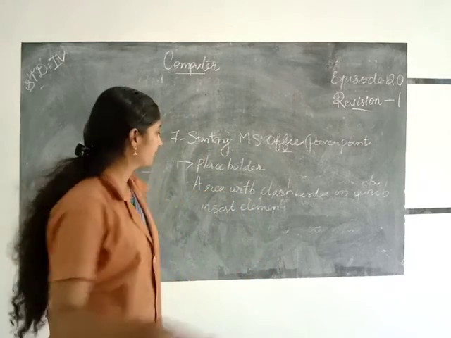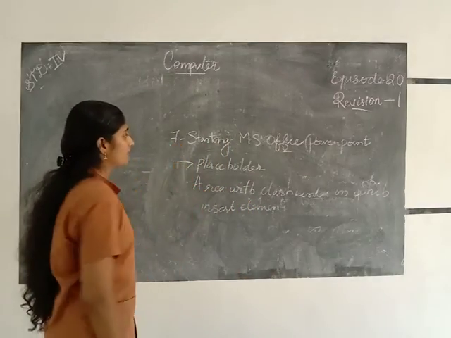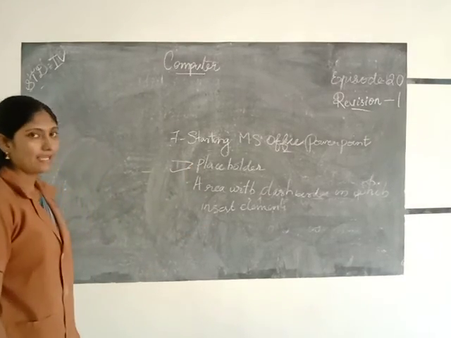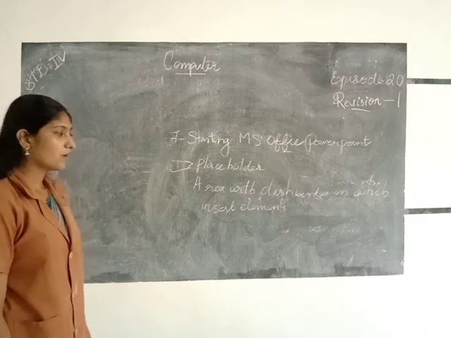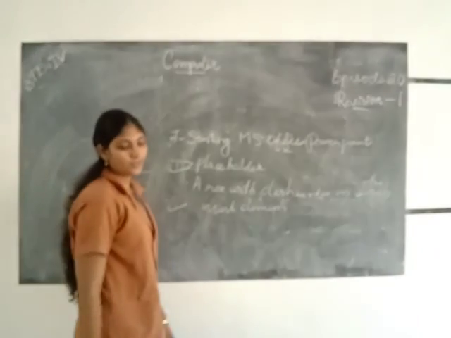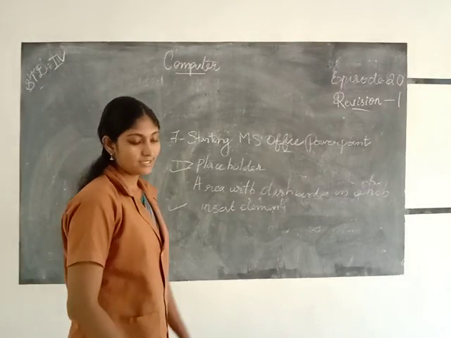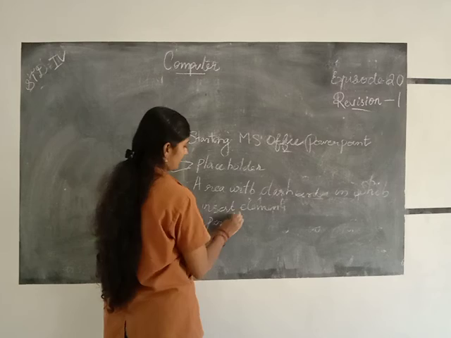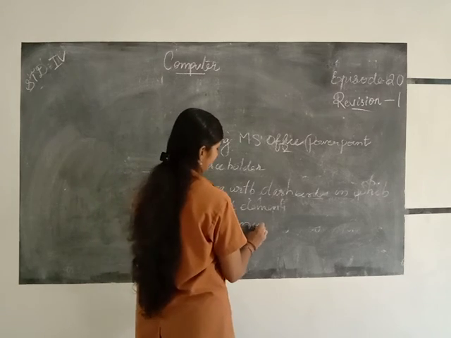So here, starting with Microsoft Office PowerPoint, first point, what is a placeholder? An area with a dashed border in which you insert elements. Then next, what is the importance of the title slide?